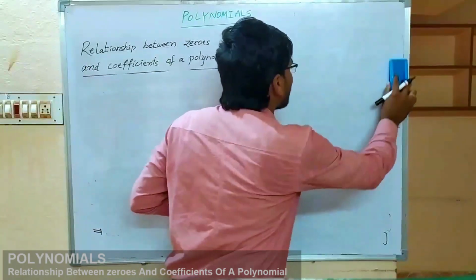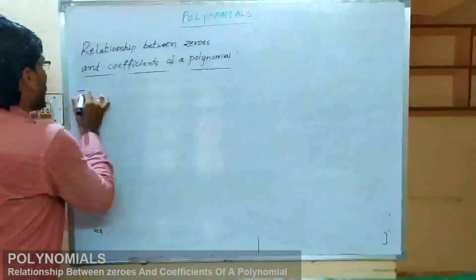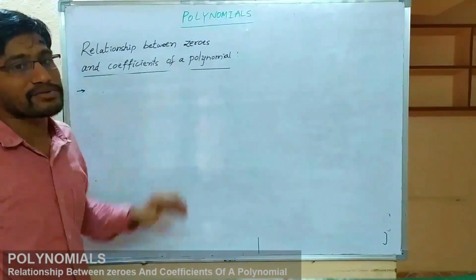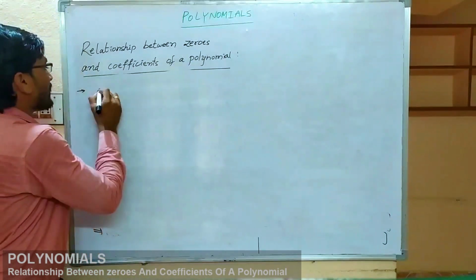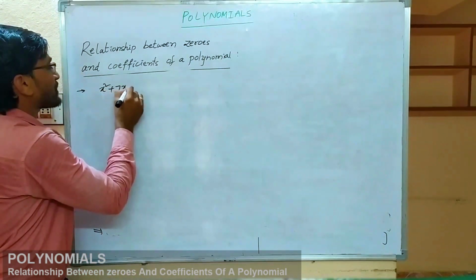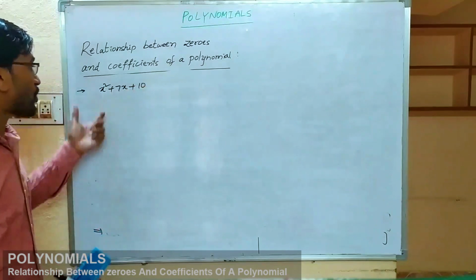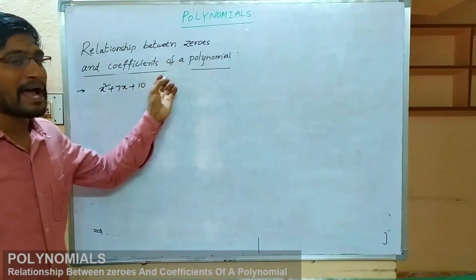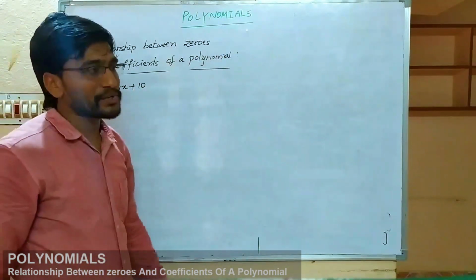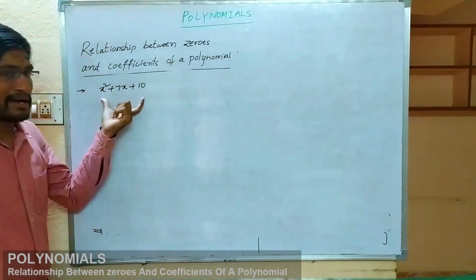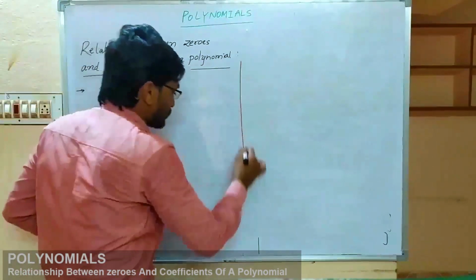Let us consider the question: find the zeros of the quadratic polynomial x square plus 7x plus 10, and verify the relationship between zeros and coefficients of this polynomial.